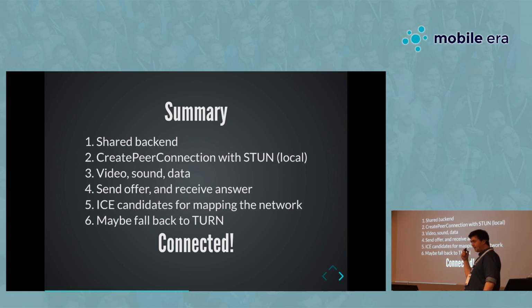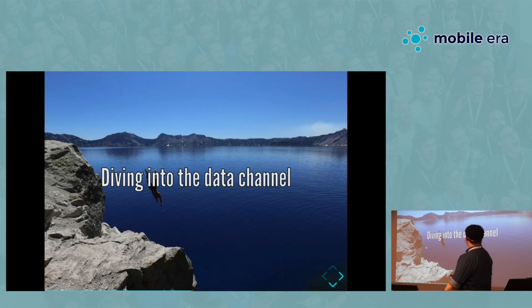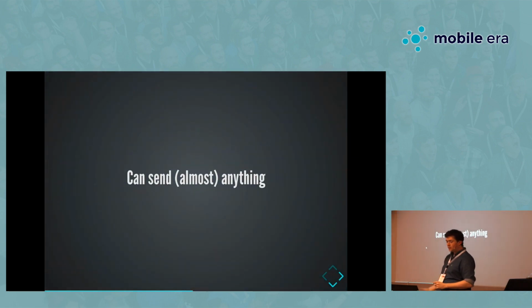But that means we are ready. Now we're diving into the data channel, into the deeper parts, into the main parts of this presentation. Because you can send almost anything. You can send strings, which means you can stringify JSON objects, which means you can send any state, more or less.